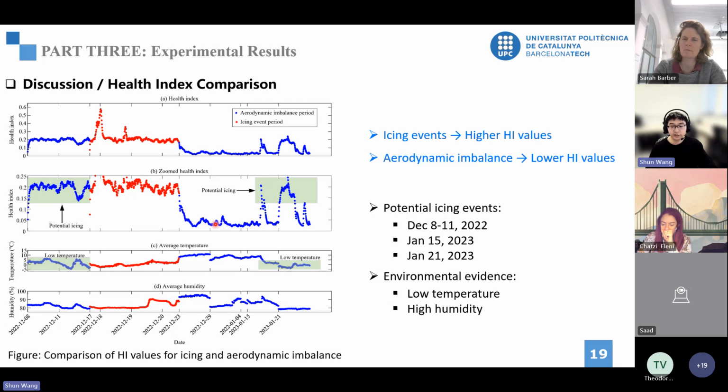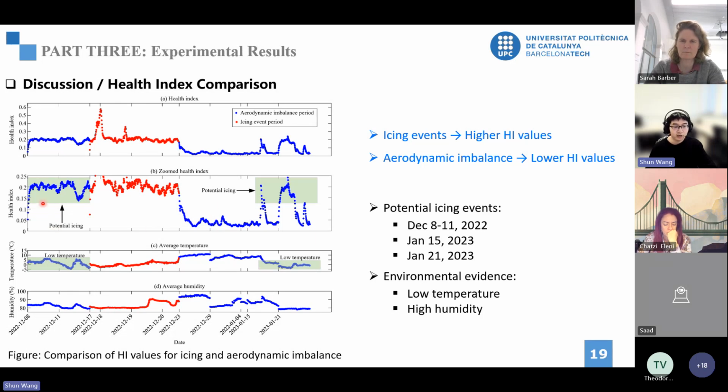It matches with physical understanding because icing affects aerodynamics and blade weight distribution, which can result in bigger changes in vibration data and result in higher reconstruction errors in the VAE model.